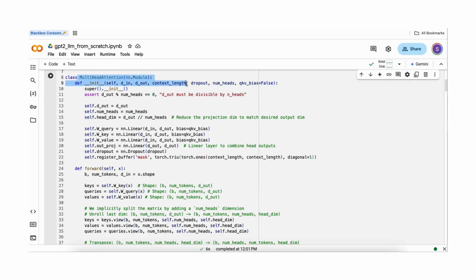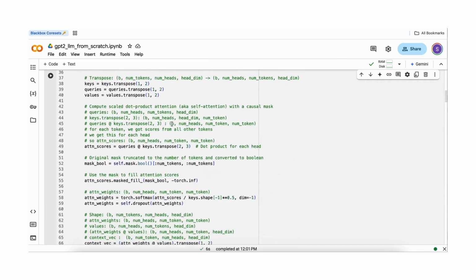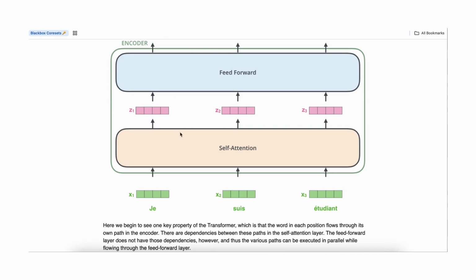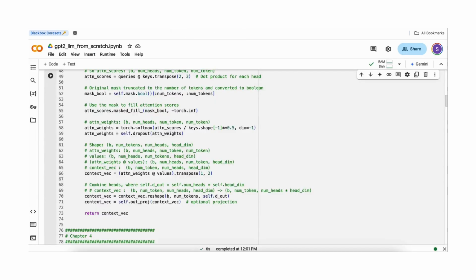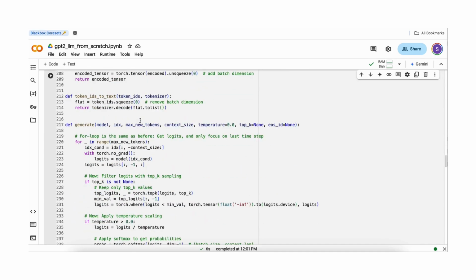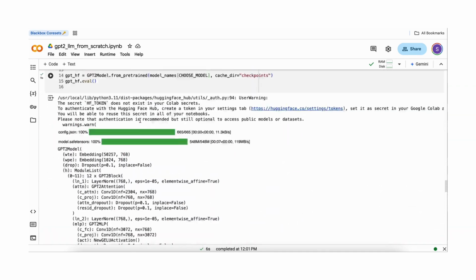So we now clearly understand how the forward function works, and this illustrates where we take these x's and get these context vectors that we then pass to the feed forward layer. We will go through what happens after that in the next video, because this is already too long.